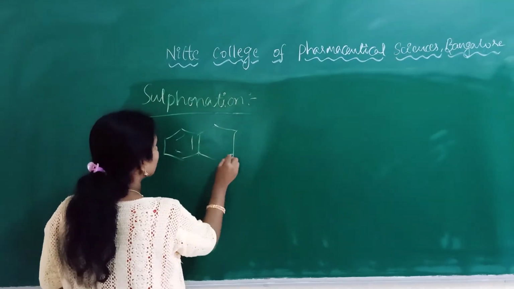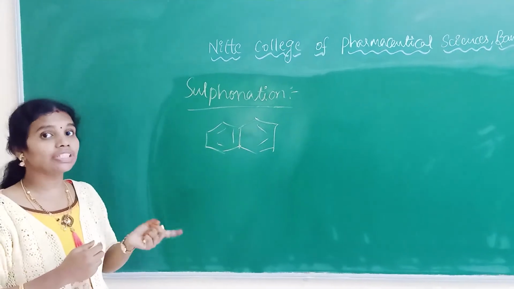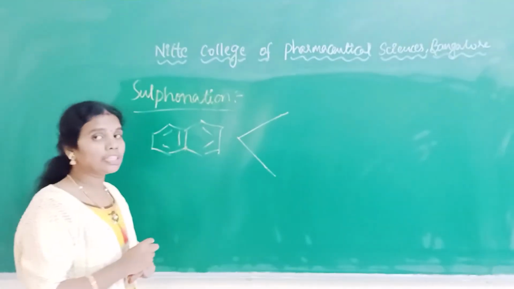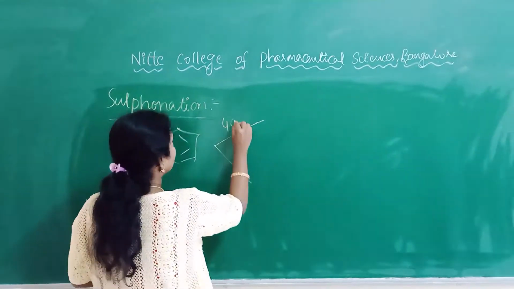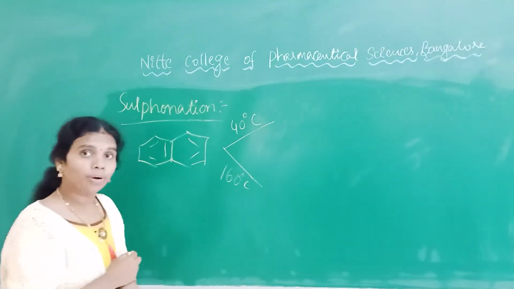Naphthalene undergoes sulfonation with an exception. I told you the exceptions are sulfonation and the Friedel-Crafts reaction. Naphthalene undergoes sulfonation at 40 degrees centigrade and 160 degrees centigrade, and it gives two different products.